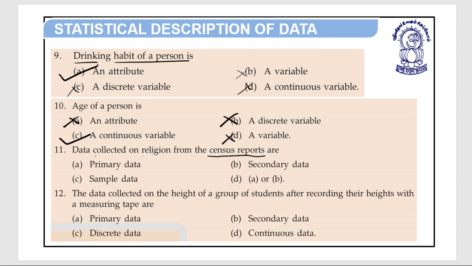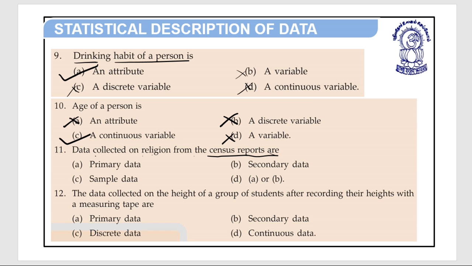Data collected on religion from the census reports are secondary data. One report is already there, and then we collected data from that report, so that is secondary data.